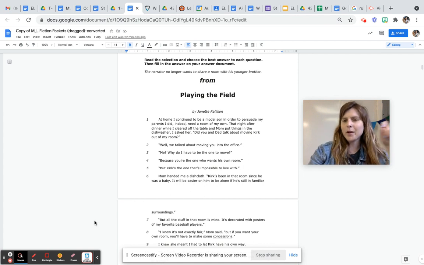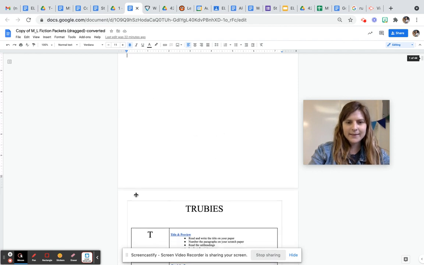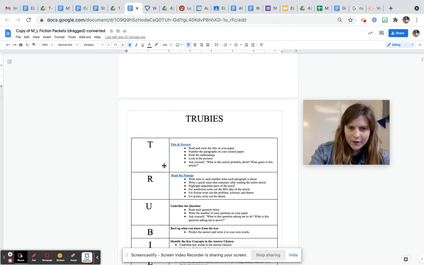What I'm going to do is I'm going to go through Trubies, and I'm going to show you all what it should look like if you're online and if you're in person, okay? So the first thing we're going to do is, okay, title and preview. Read and write the title on your paper. Number the paragraphs on your scratch paper.